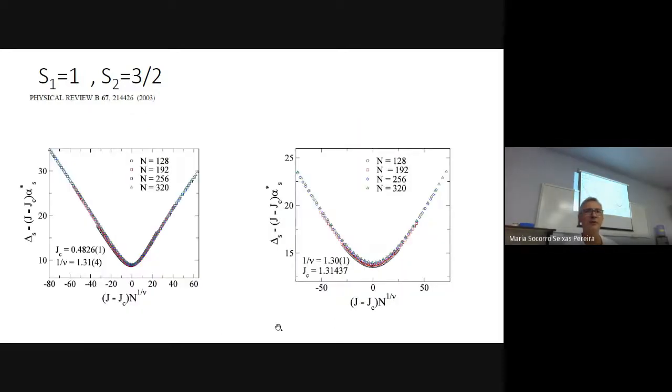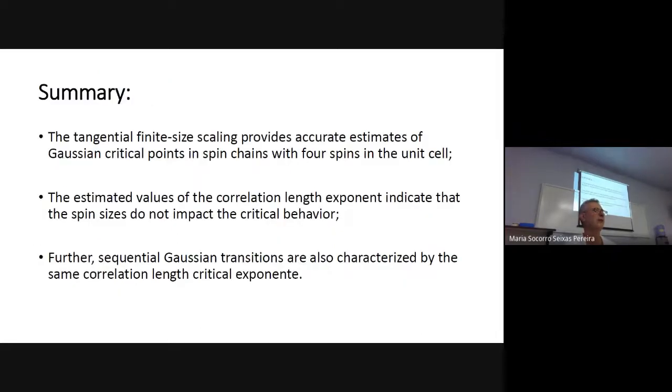So here is our final scaling results for the first phase transition and for the second one. We can locate the critical points very accurately, and the critical exponent remains the same. So this is our main result, and let me summarize it.